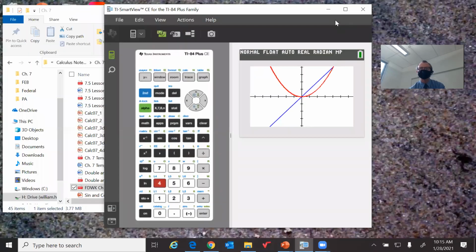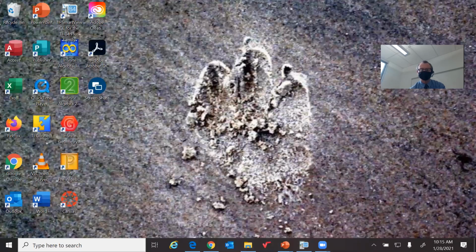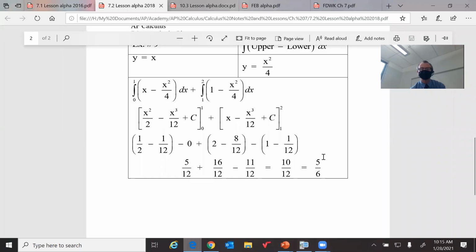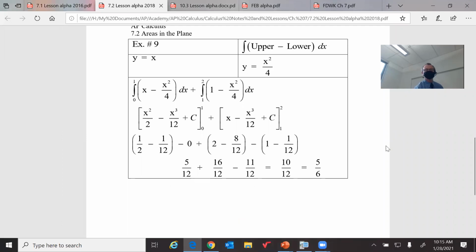So we go here. From 0 to 1, we have x take away the curve. From 1 to 2, we have 1 take away the curve because it was actually also this. Sorry.